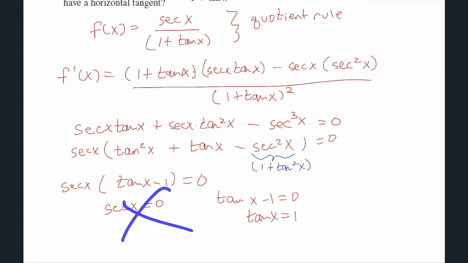No. So that one's out. There's nothing there. But the tangent does equal positive 1 where the sine and the cosine match. Well, the sine and the cosine match at 45 degrees in our first quadrant and in our third quadrant, pi over 4. So the answer is pi over 4.